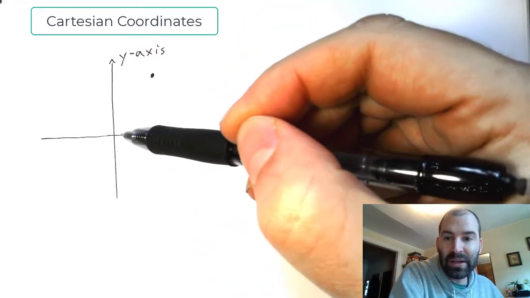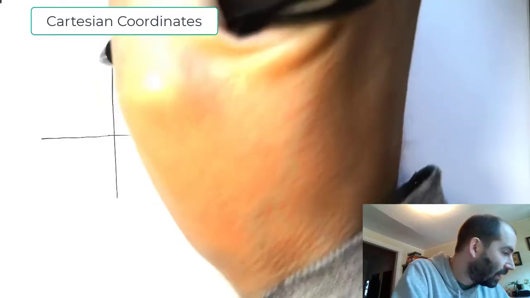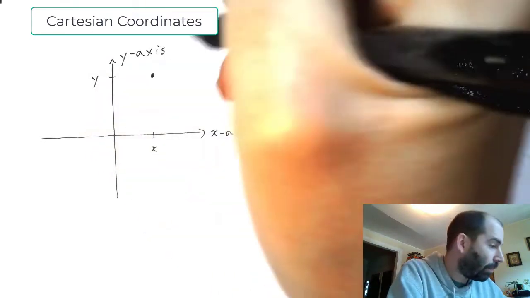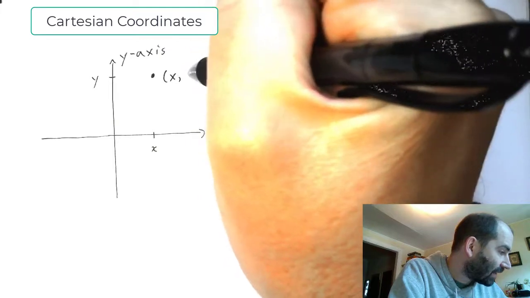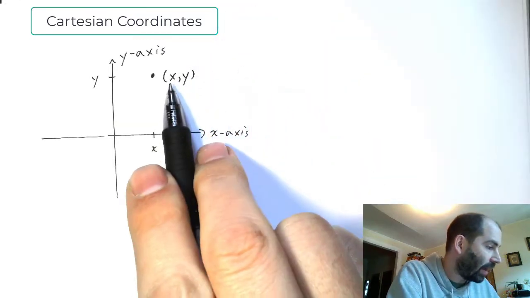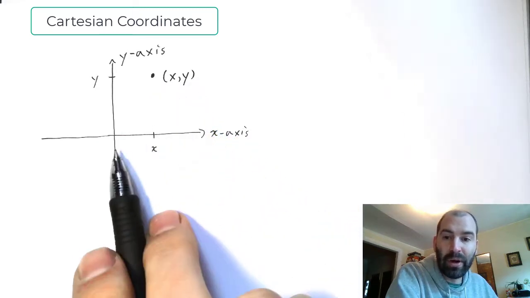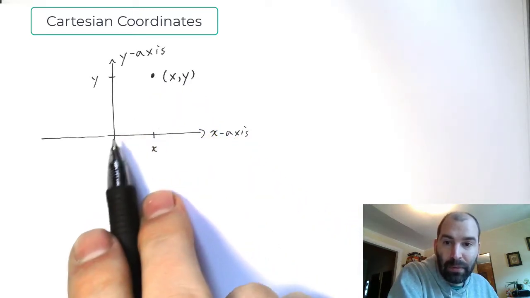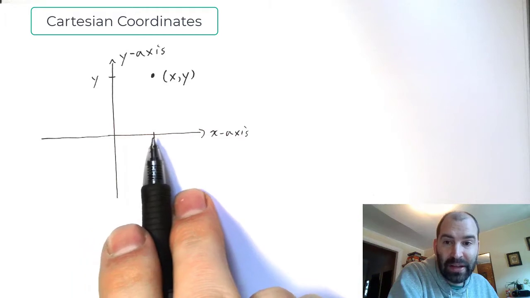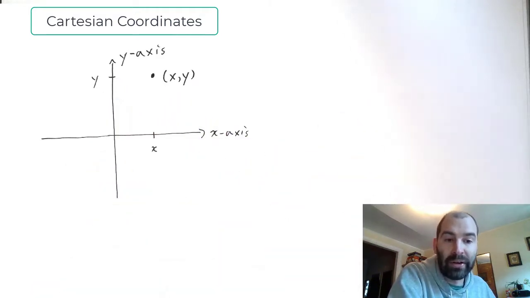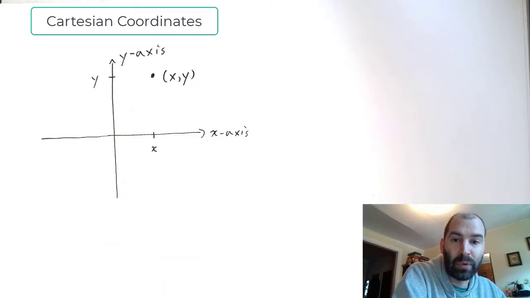And the displacement in the y direction, let's call that y. And then I can label my point with coordinates x comma y. So when I give numbers x and y here, surrounded by parentheses, I know the first number represents the displacement in the x direction, and the second number the displacement in the y direction. And that's how Cartesian coordinates work.